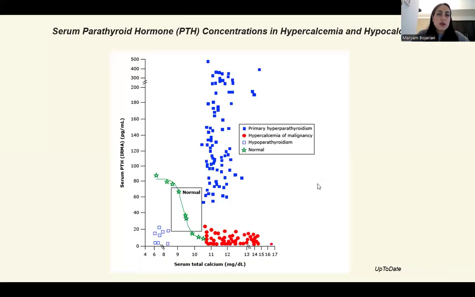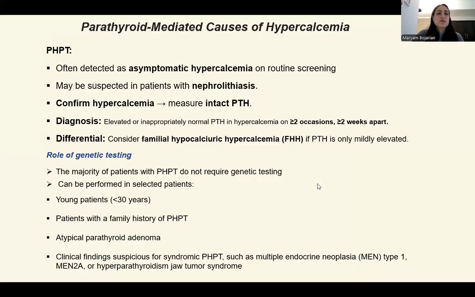Okay, so let's talk about the differential diagnosis of parathyroid mediated causes of hypercalcemia. We had three differentials: primary hyperparathyroidism, FHH, and tertiary hyperparathyroidism. Primary hyperparathyroidism is often detected as asymptomatic hypercalcemia on routine screening, and may be suspected in patients with nephrolithiasis.